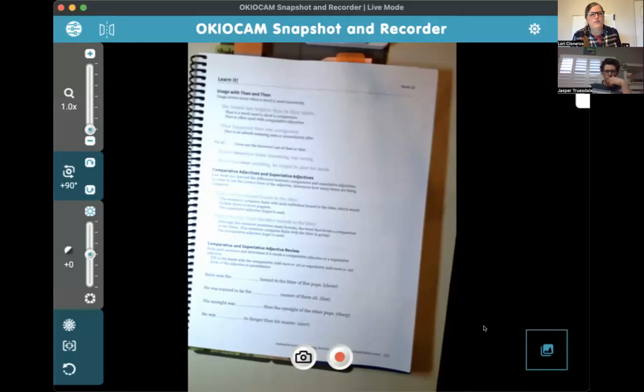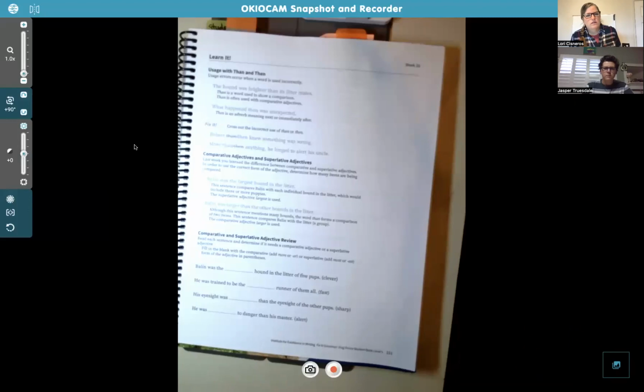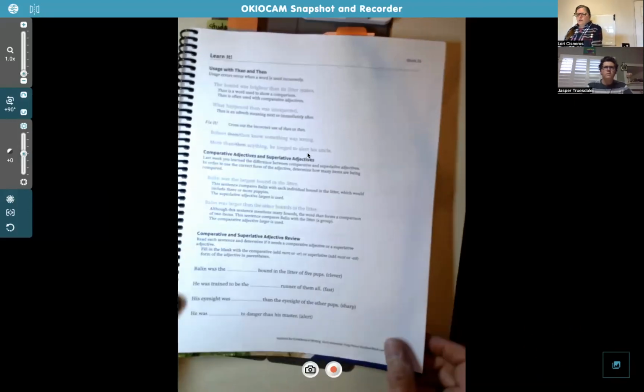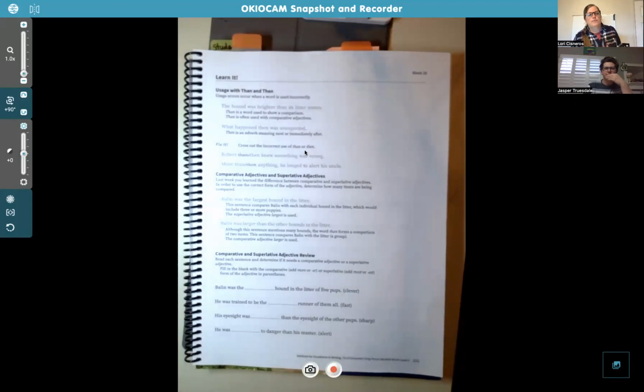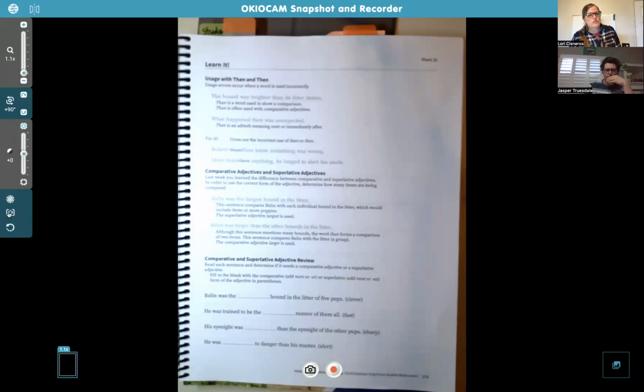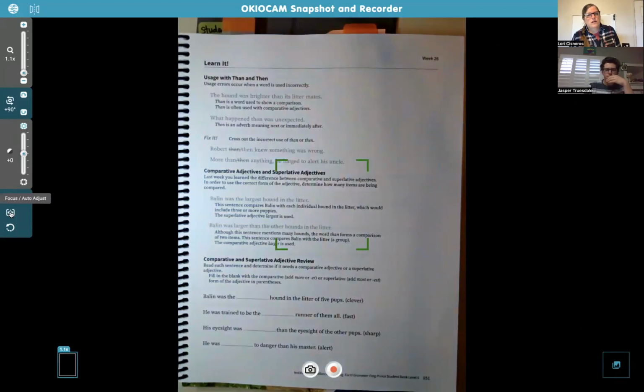We're on page 151 in the grammar book. We've been talking the last couple of weeks about different usages of words and making sure that words are being used correctly. We talked about affect and effect and a couple of other different ones.